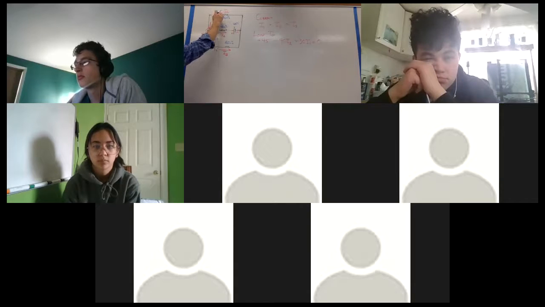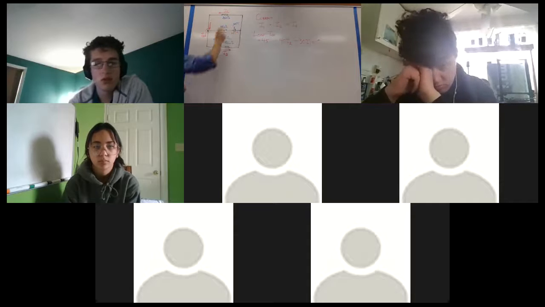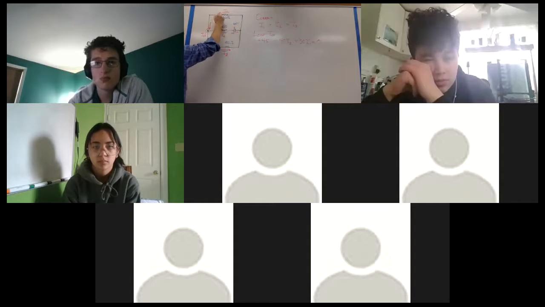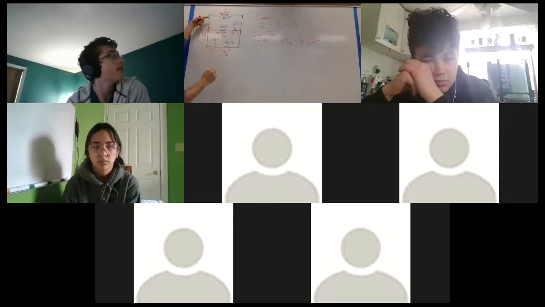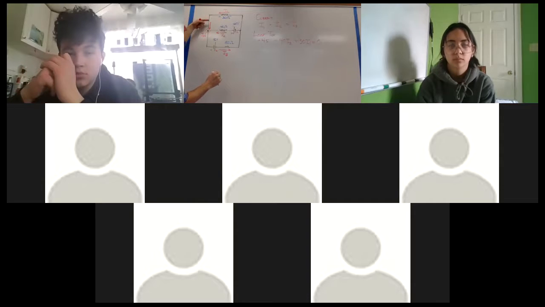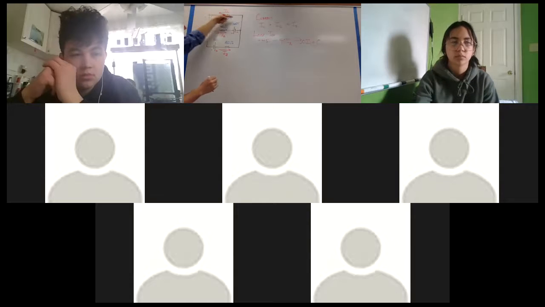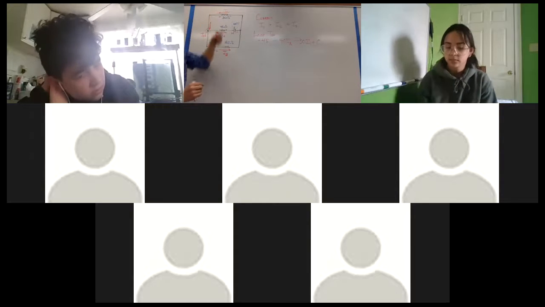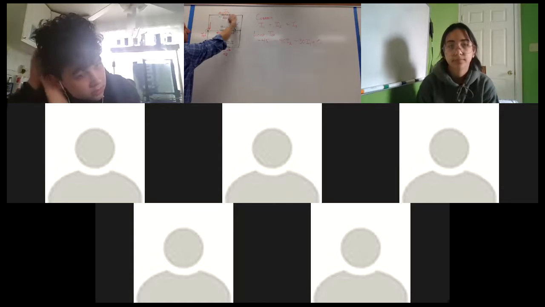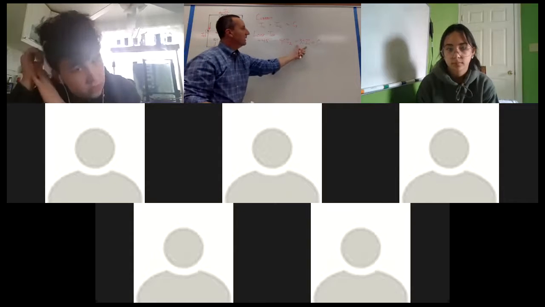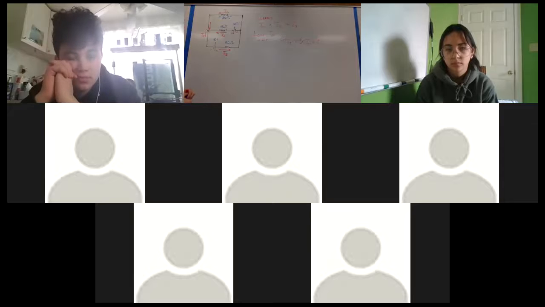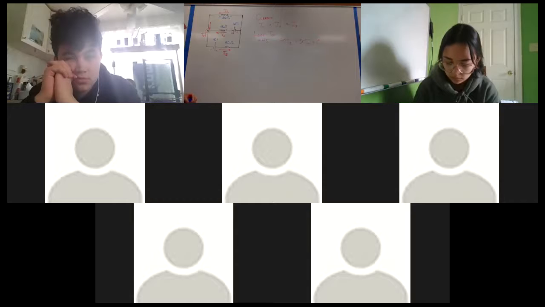The left side of the 30 ohm resistor is closer to the positive and the right side is closer to the negative. But since we're going the wrong direction, we're going to pick up our voltage. Did I do that right? Yes. Okay.